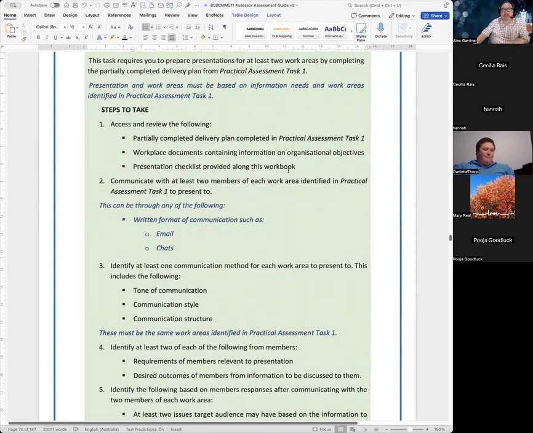So we've identified we're going to have 2 people you're going to present to. And this can be through emails or chats, as long as you've got evidence of it. If it's through chats, just do a screen capture. If it's through an email, capture the email.